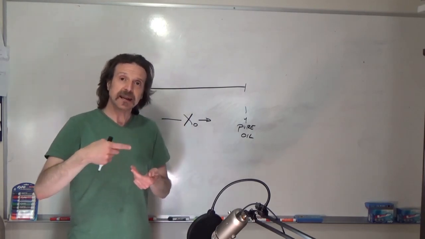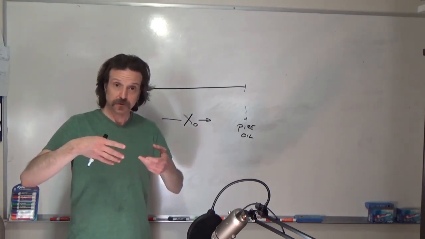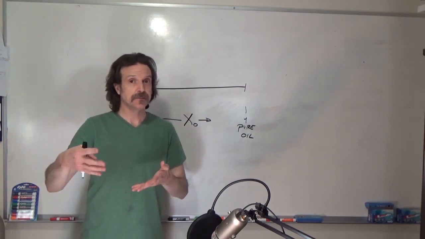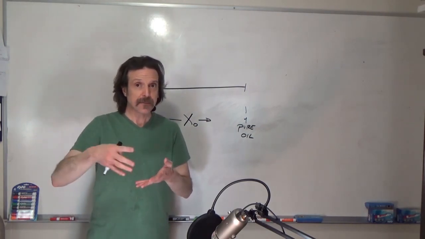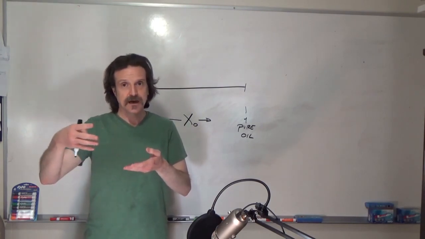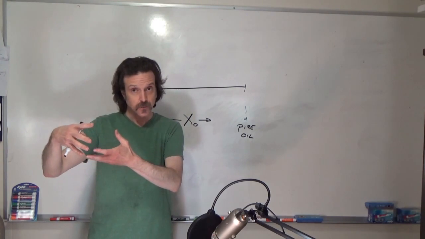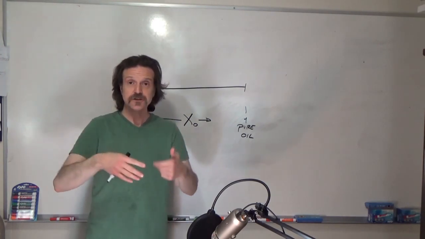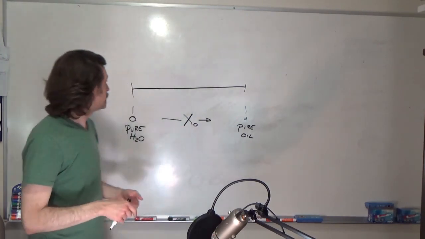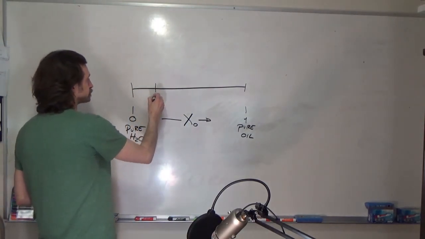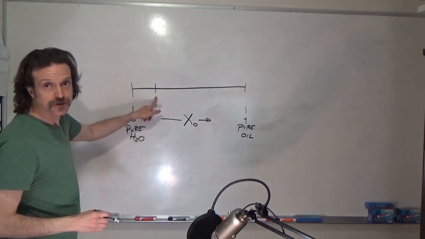And we can keep adding oil, and those will continue to go into solution until the solubility limit is reached. And at that point, we're going to have the two separate, and you're going to have a region which is an oil-rich phase and a region which is a water-rich phase. So let's say that we move along here, and that is our solubility limit.